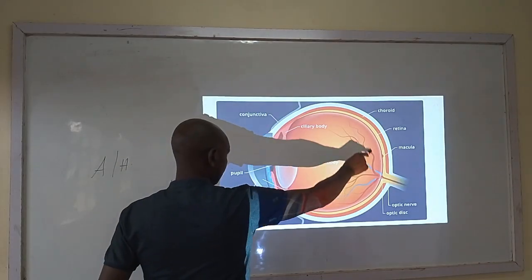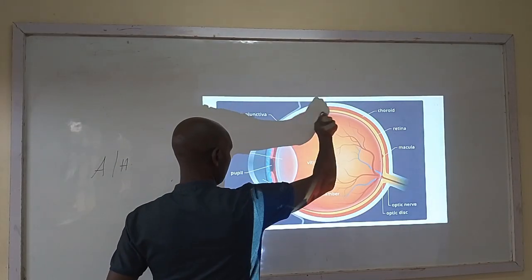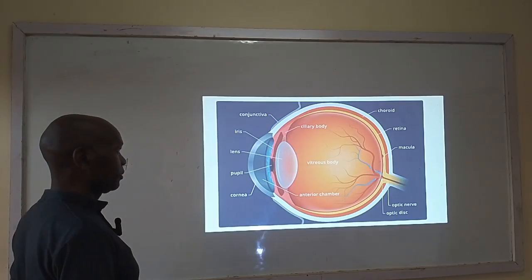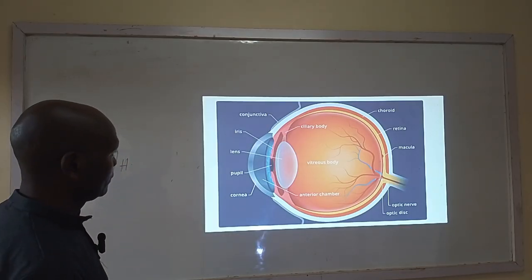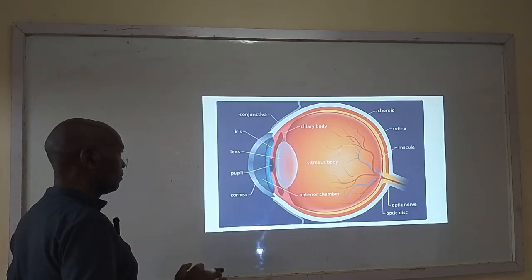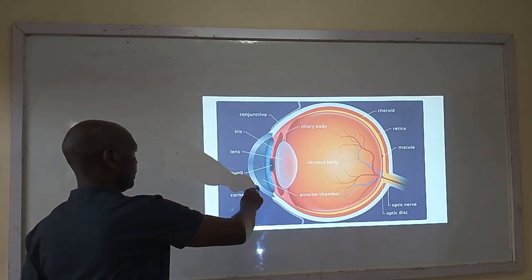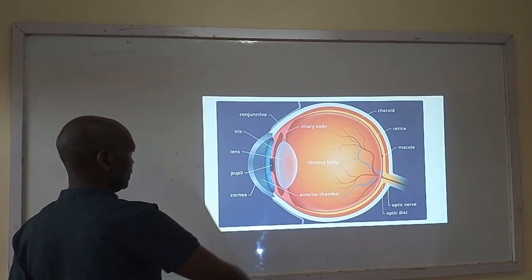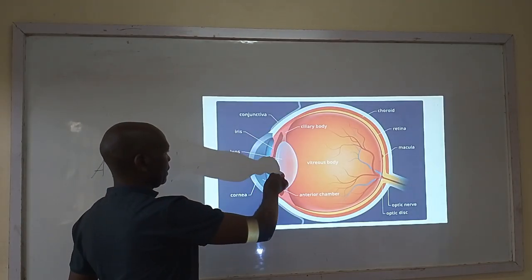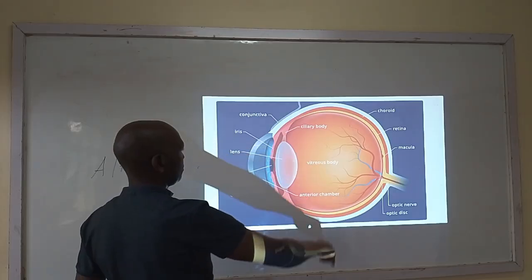And then the space you see here is called the vitreous body, so it contains the vitreous humor. So those are the 4 structures that form the optical system of the eye: the cornea, the anterior chamber which contains the aqueous humor, the lens, and the vitreous body.